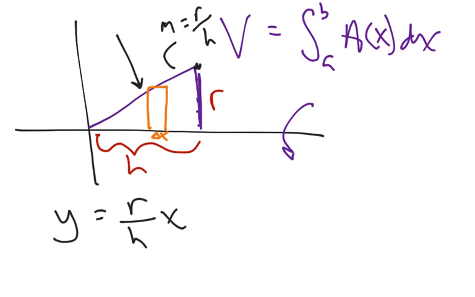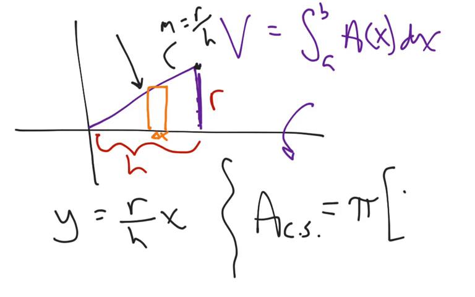Remember, we want to integrate the area of the cross section, and the cross section here is a circular disk. The disk has an area of pi times the radius squared, and the radius is r over h times x. So this is pi times the quantity r over h x, squared.